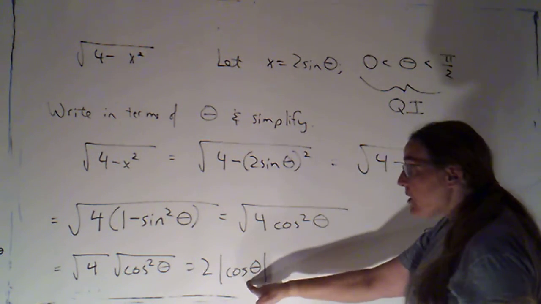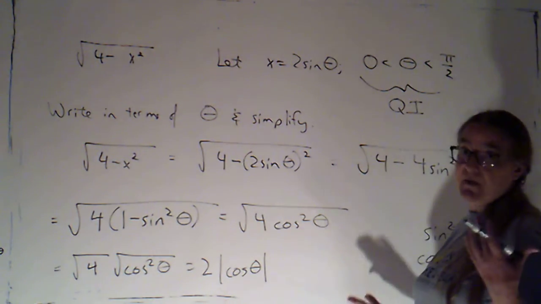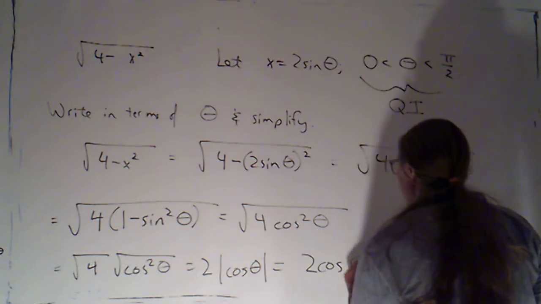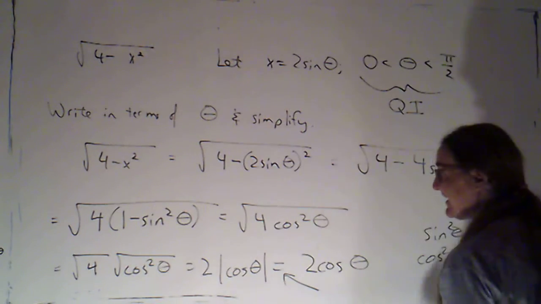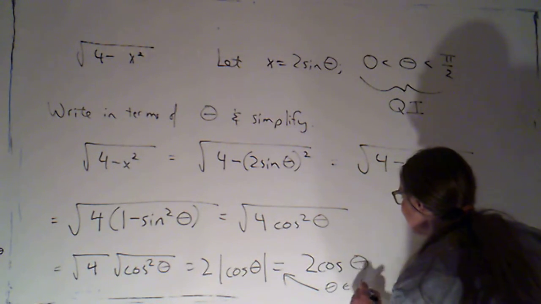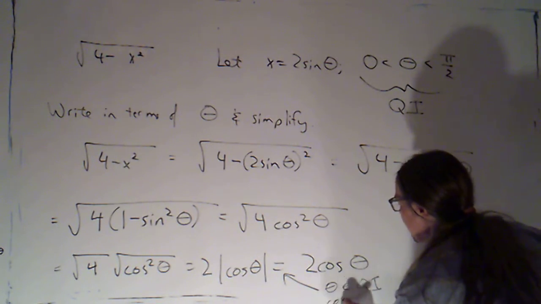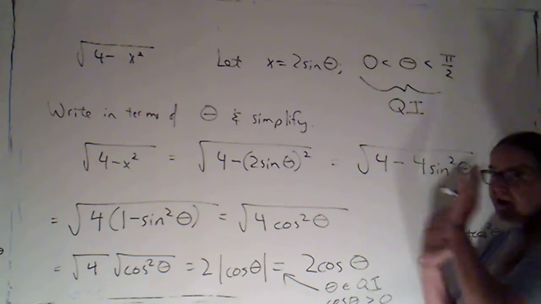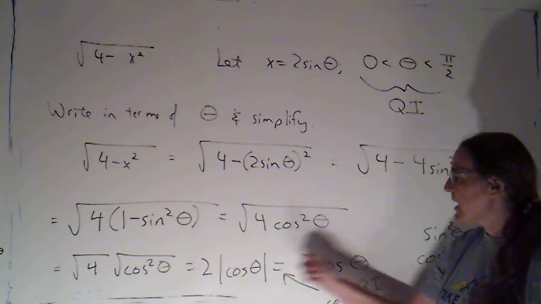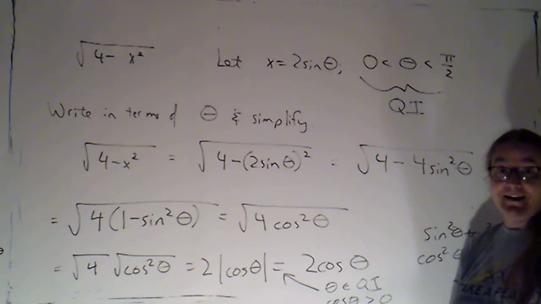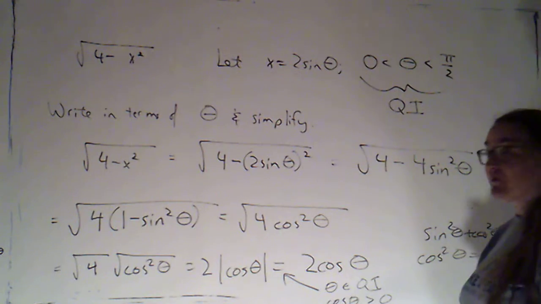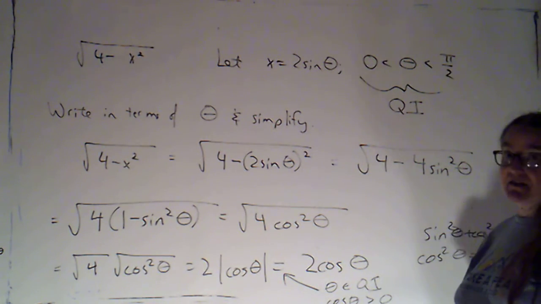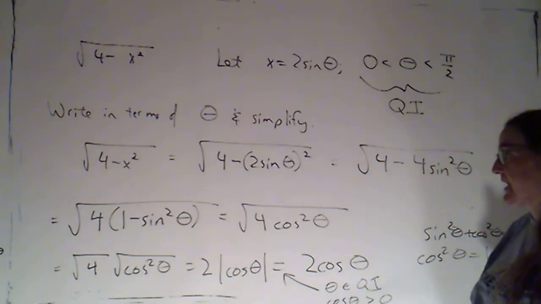So now I know cosine of theta must be positive, so the absolute value isn't doing anything. I've got to justify it, so I can say theta is in quadrant 1, so cosine of theta is bigger than 0. I'm actually fine if you just tell me theta is in quadrant 1. That's enough to drop that absolute value because you're actually evaluating it. You're saying, if theta is in quadrant 1, cosine theta is positive, taking the absolute value of something positive doesn't do anything to it.